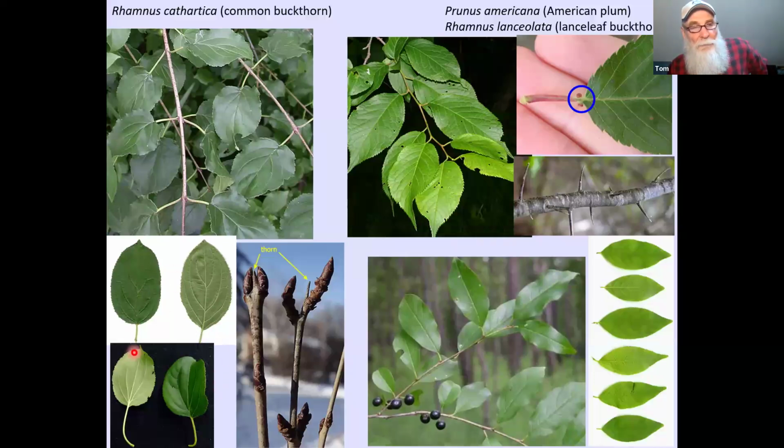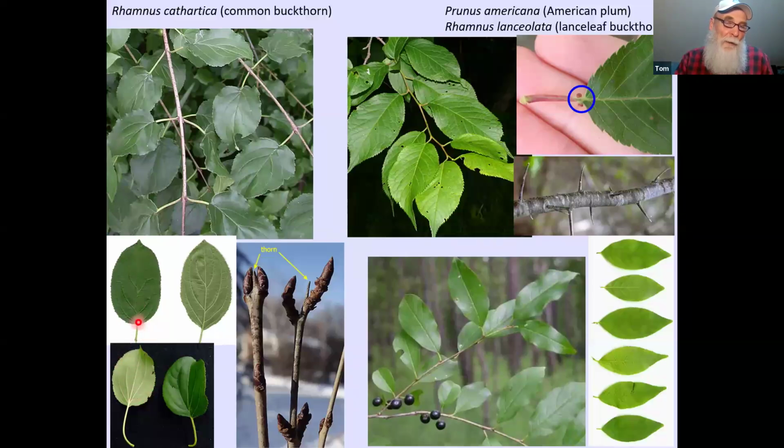The shape of these buckthorn leaves is somewhat orbicular. The length and width can be about the same, maybe just a little bit longer. Generally, the length is about 1 to 2 times the width.